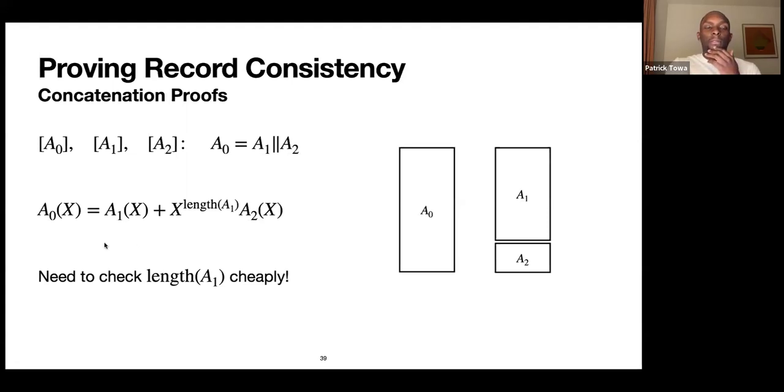If you look at the polynomials they represent in the monomial basis, it's really the correct concatenation if this polynomial equation is true. The thing is, you need to know the length of A1, but remember A1 is the whole accumulator of all the operations thus far, and you don't want to give A1 as input because then your circuit is going to be very large to prove.